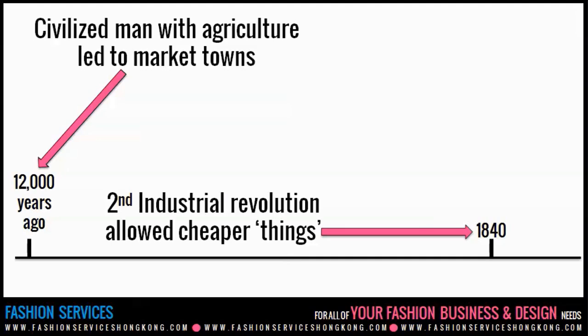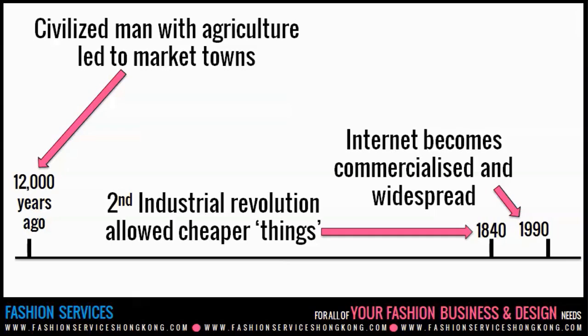There was no real buying for luxury or buying for just want, because people couldn't afford it. The second industrial revolution allowed the cheaper manufacture of products, which allowed slightly more choice on buying for luxury, for buying for pleasure.